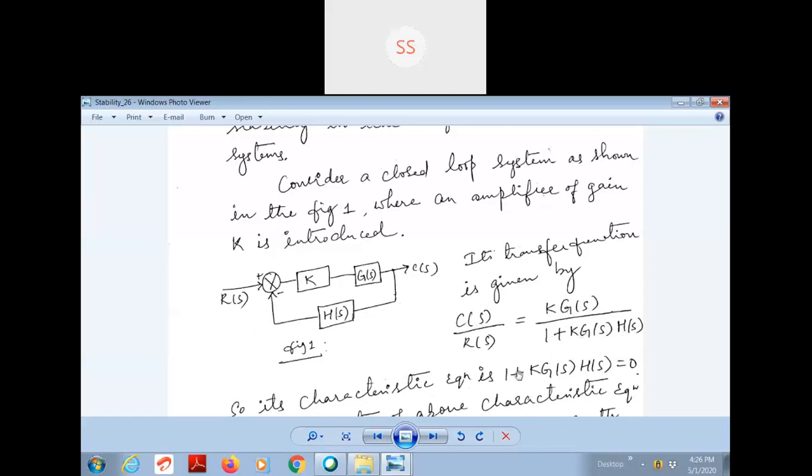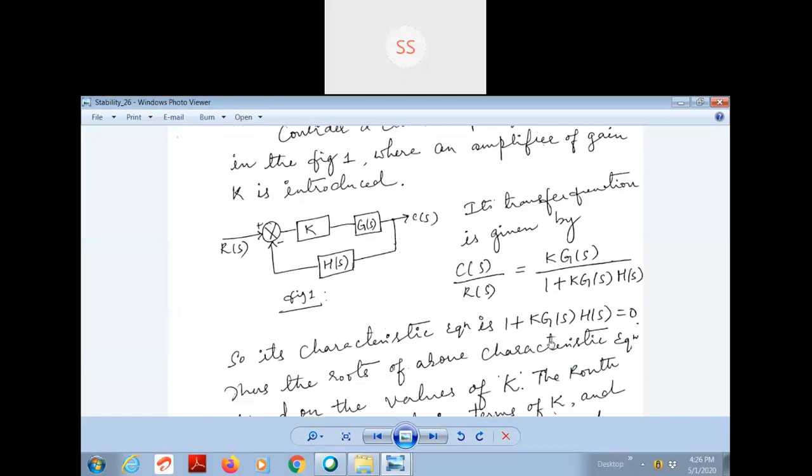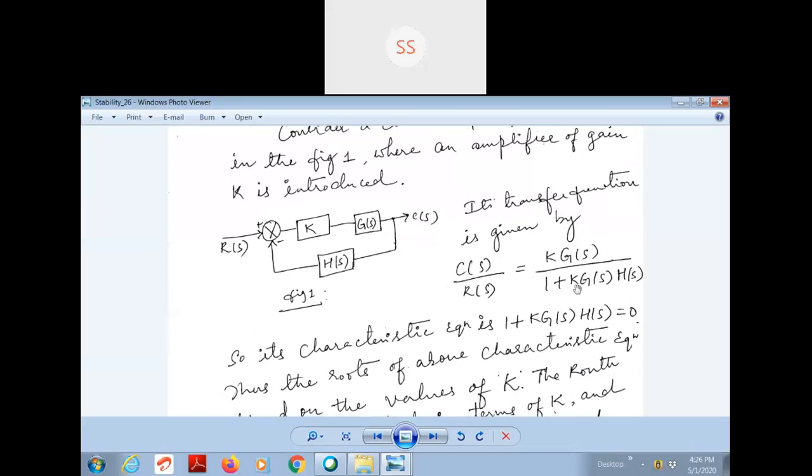Now in this we see that a K term is included, which acts as a variable term and helps us in fixing the gain of the system. In the overall transfer function, the denominator 1 plus K into G of S into H of S is the characteristic equation. Therefore, we will equate it to 0, and this is the equation which is going to give us the roots also.